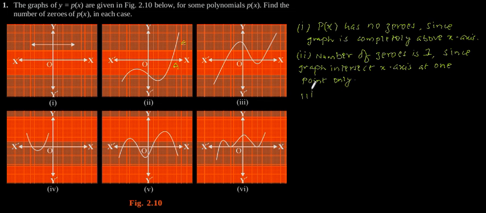Now the third. In the third graph, we can see the graph is intersecting the x-axis at 3 points. Let's say the points are A, B and C. So the number of zeros is 3.